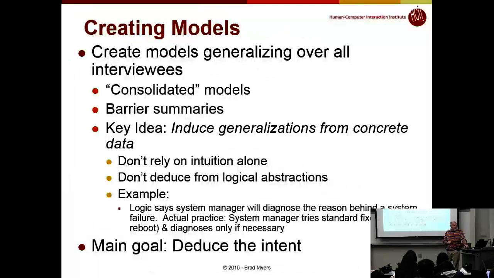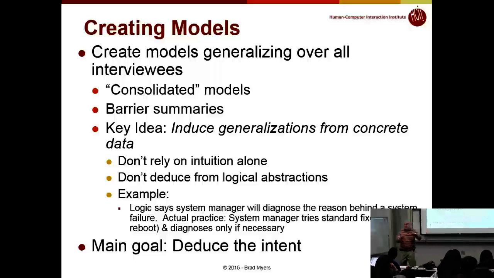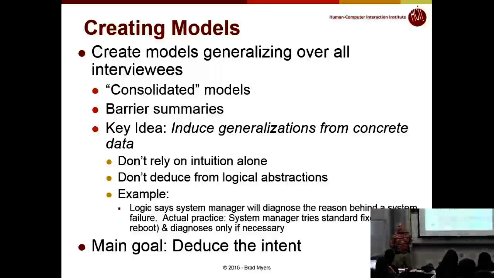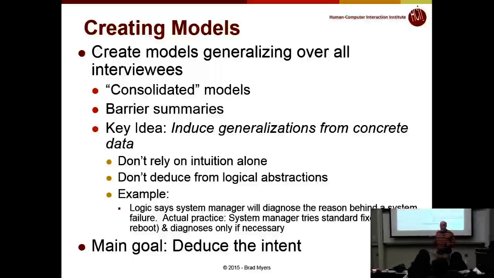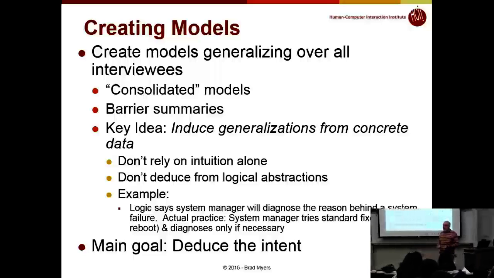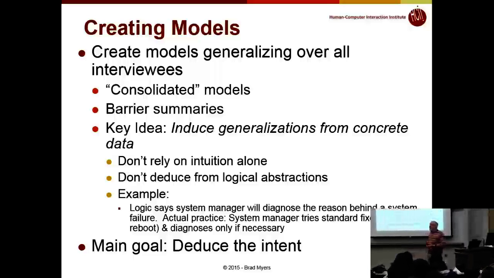So how do you create these models? In real life, you would have multiple people. And actually somebody asked this question: you typically would have one model for each device. And often the way you'd get there is you'd have one model per user, like you're going to make in this class, and then you'd combine those into what's called a consolidated or aggregate model across all people.